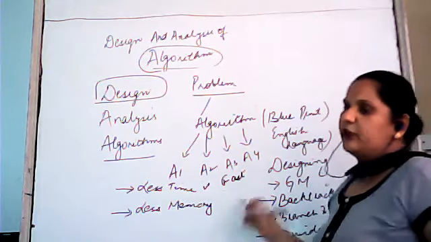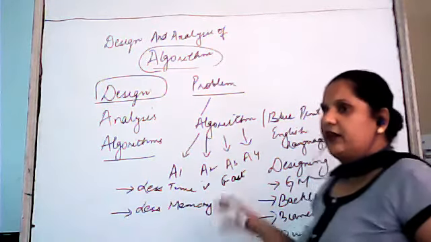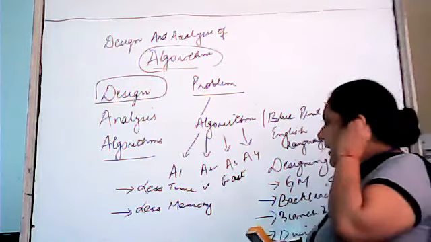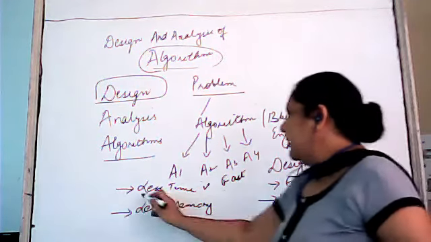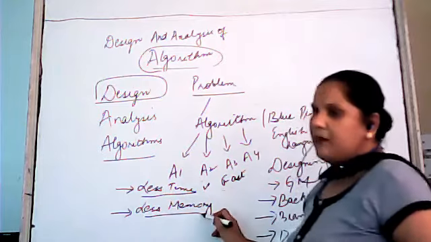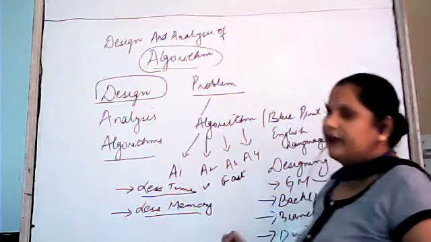Fine. Because you are going to fetch the values of the variables from the memory itself, and this will make your program faster. So what is desired? Less time and less memory to be occupied by a given algorithm.